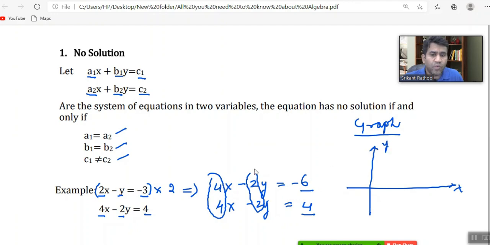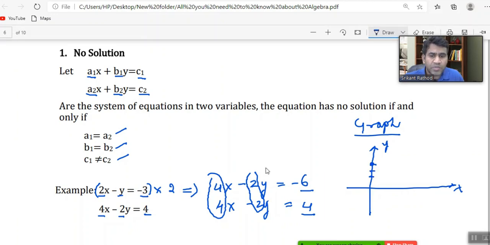the x-axis and y-axis. If you substitute the value of x as 0 here, the value of y is going to be 3. Let's say 1, 2, 3. I'm talking about equation 1. If you substitute x equals 0, y is going to be 3.